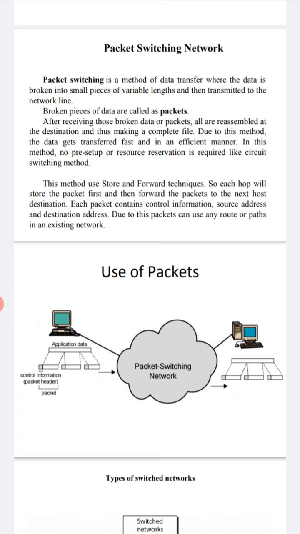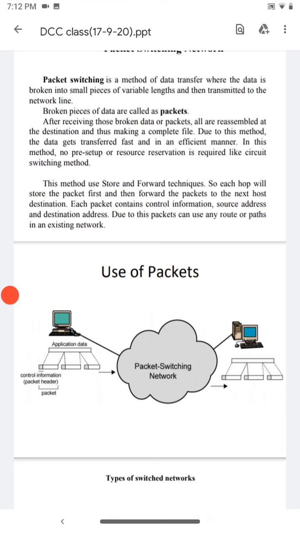In the last class, we already discussed the circuit switch network. In the circuit switch network, you have to establish one dedicated link, a dedicated path, using wires. In the packet switching network, the data is broken into small pieces, and each broken piece of data is called a packet.